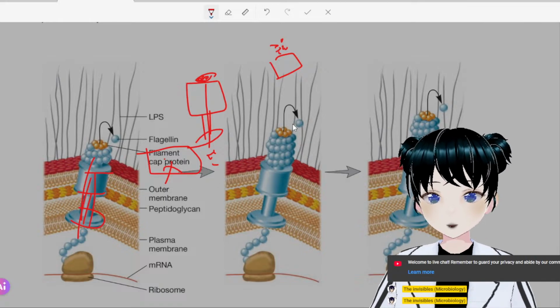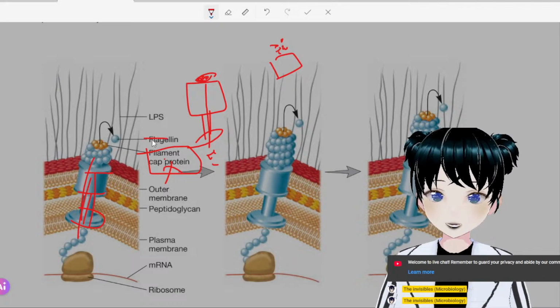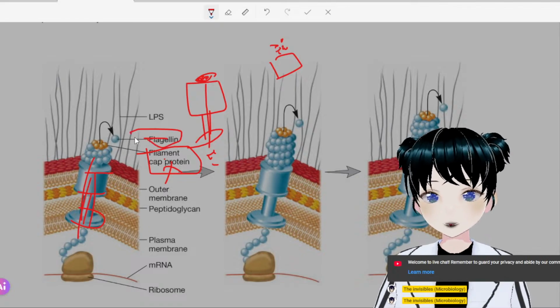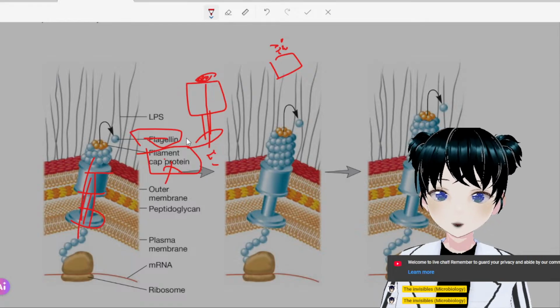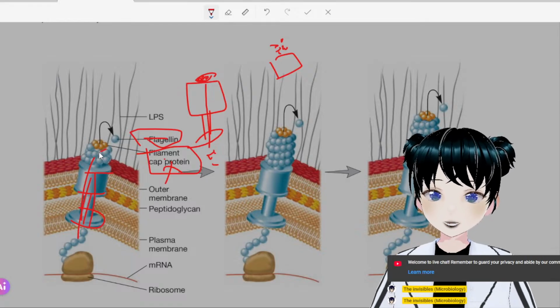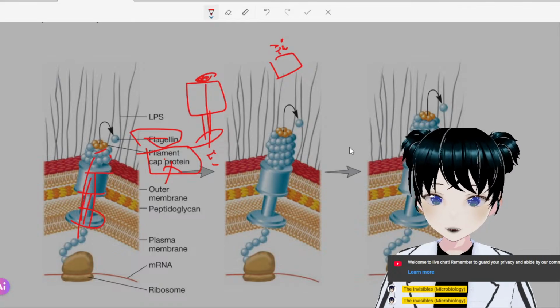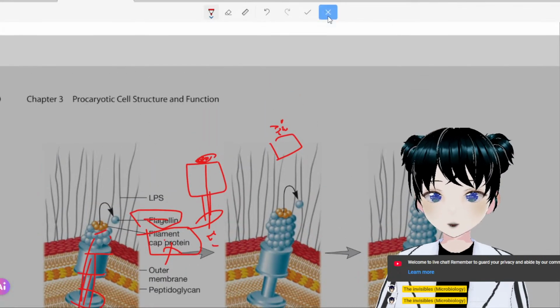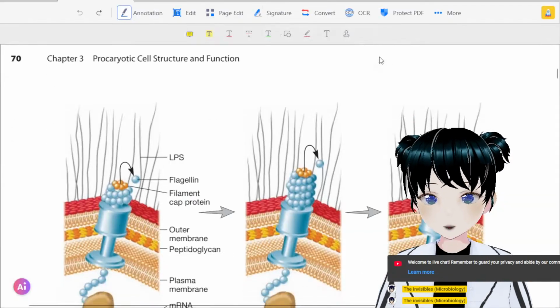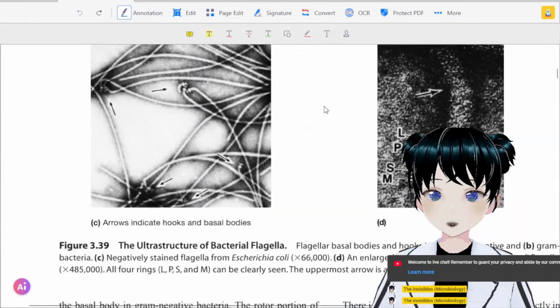The flagellins are the proteins that make the flagella, hence the name. They attach one by one to the cap protein, and the filament elongates. So this was growth. Now we just have to read it.